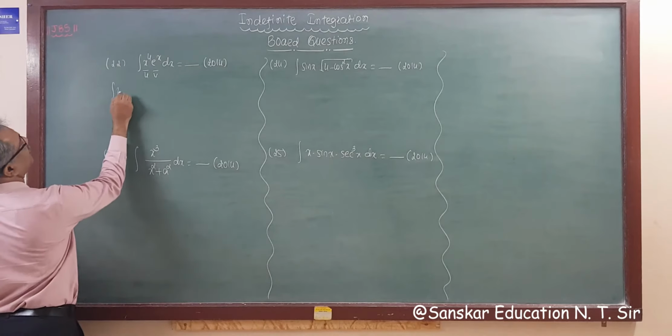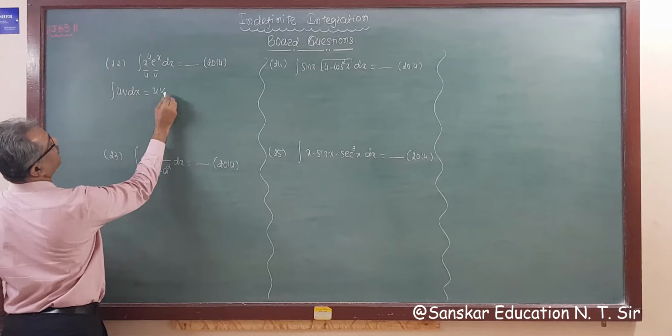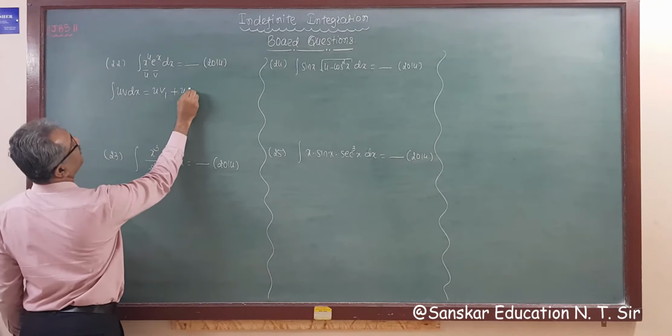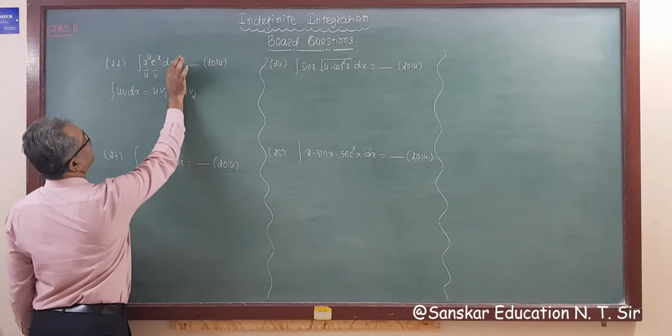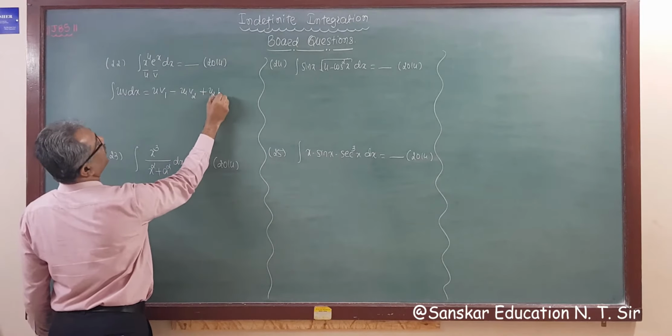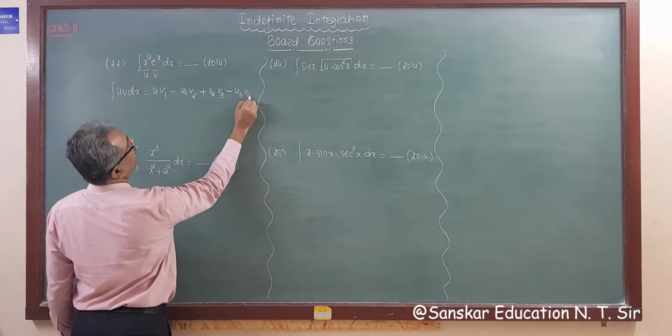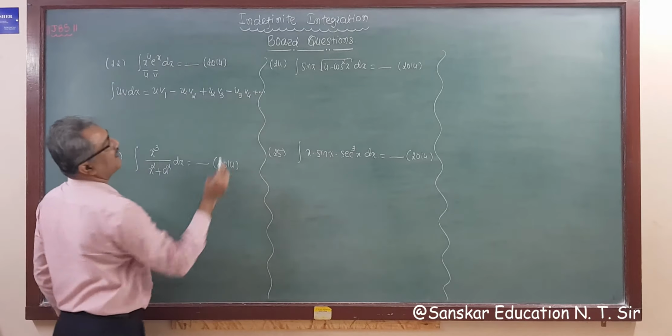So integral of uv dx is equal to u into v1 plus u1 into v2, plus minus, plus u2 into v3 minus u3 into v4 plus and so on, right?